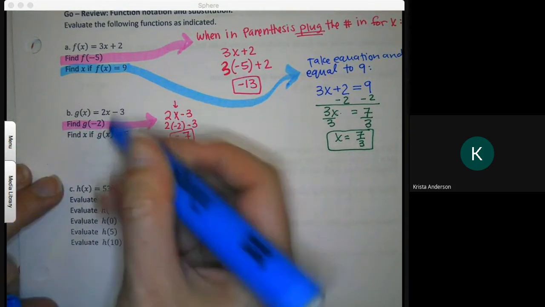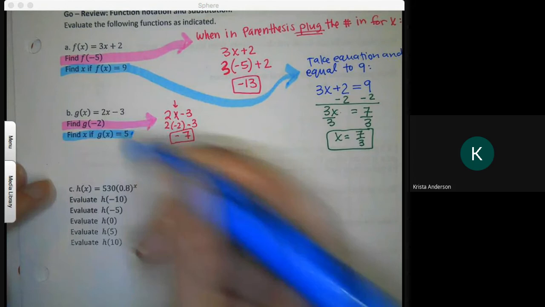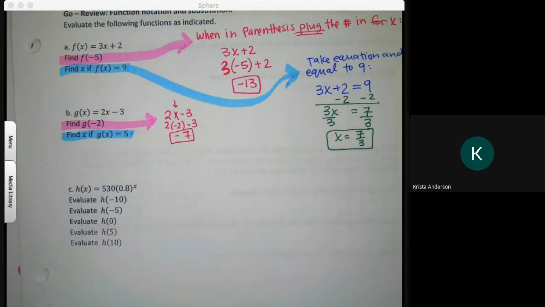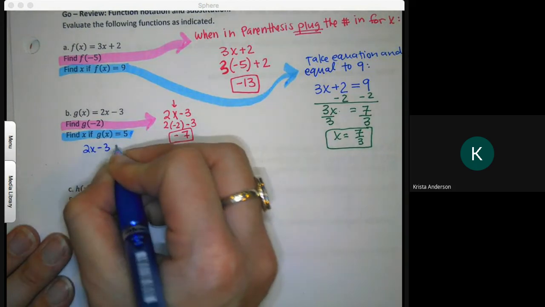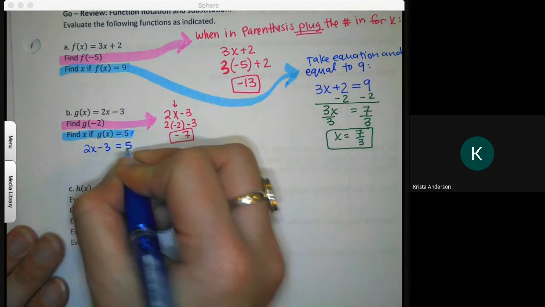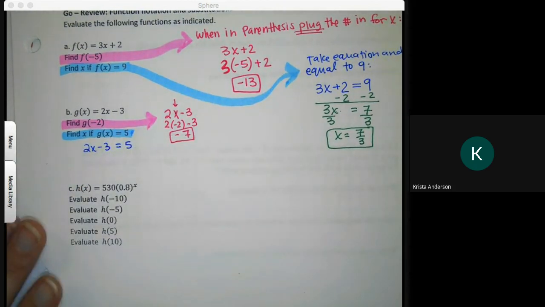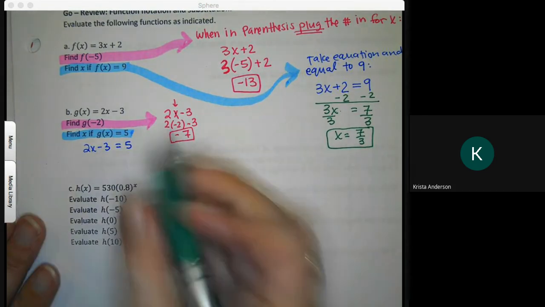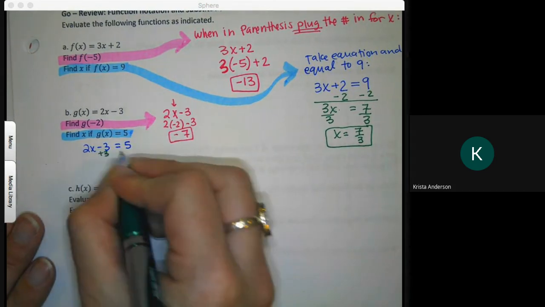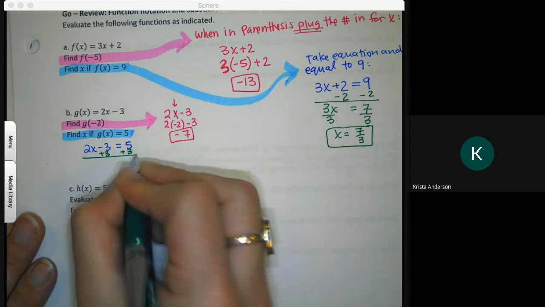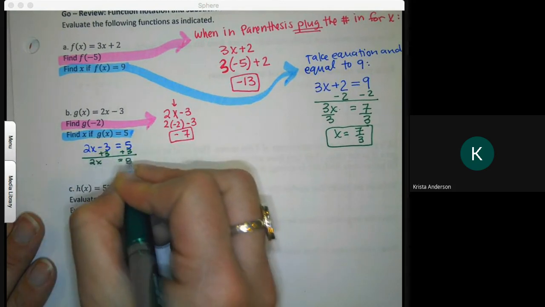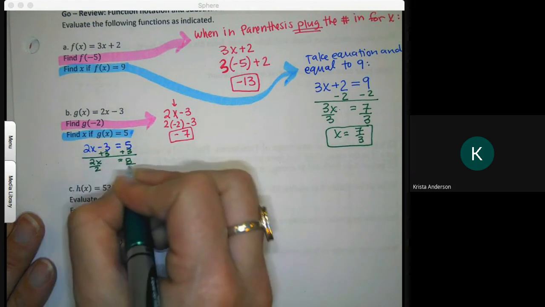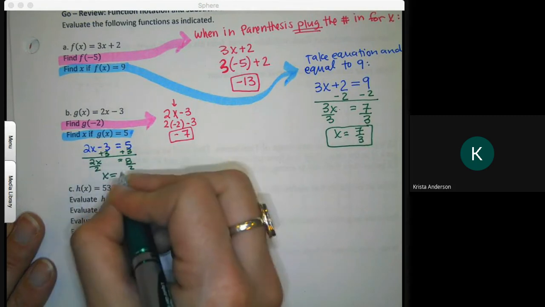This one says that it wants me to find when it's equal to 5. I would say 2x minus 3 is equal to 5. Add the 3. That gives you 8. Divide by 2. And x is a 4.